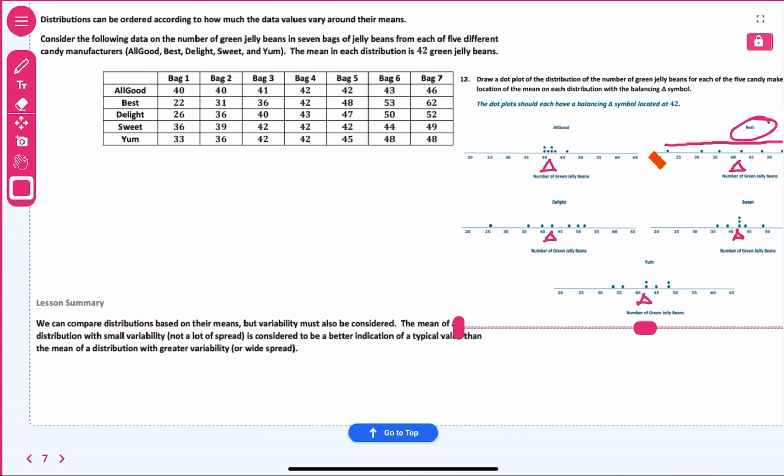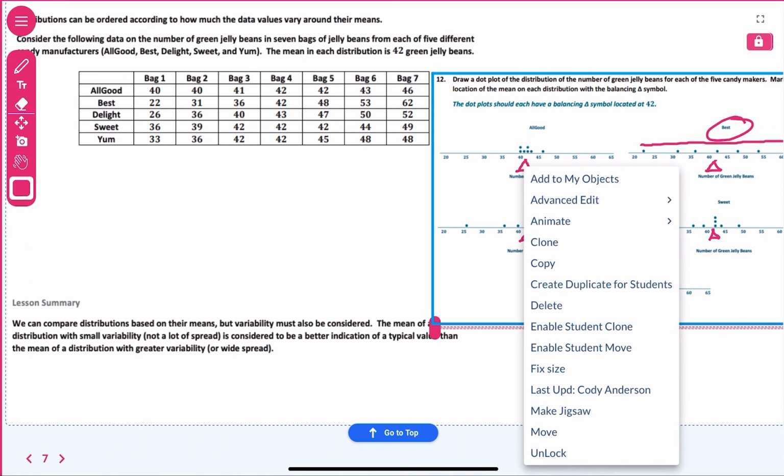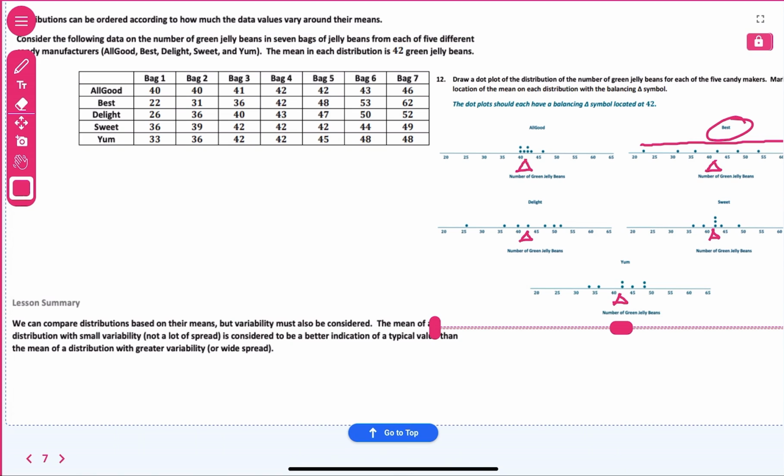Okay. Now, we can compare distributions based on their means, but variability must also be considered. The mean of a distribution with small variability, which means there's not a lot of spread, is considered to be a better indication of a typical value than the mean of a distribution with a greater variability.